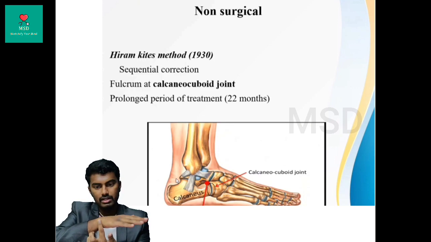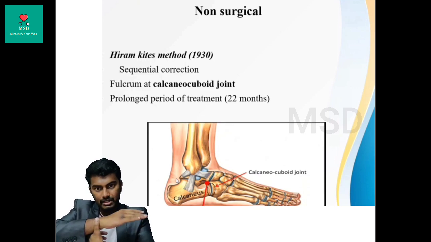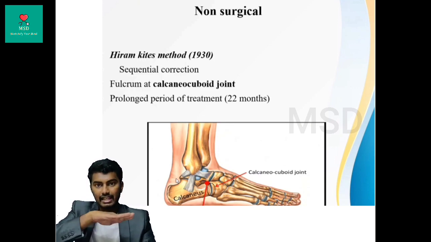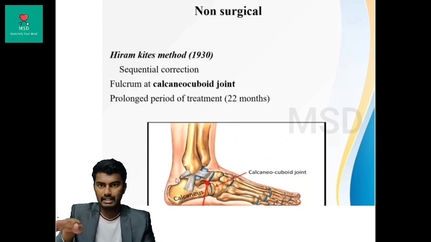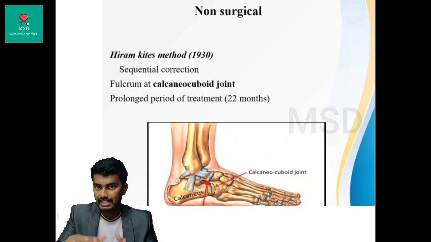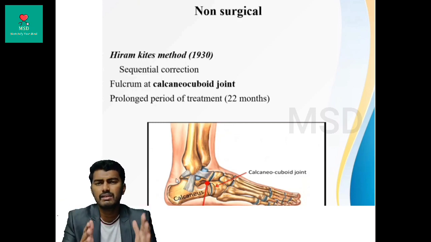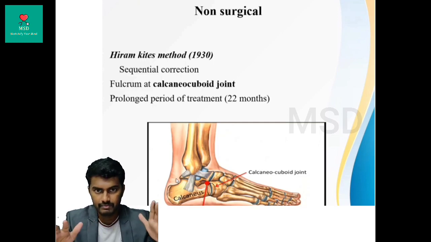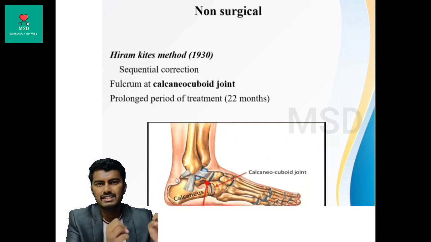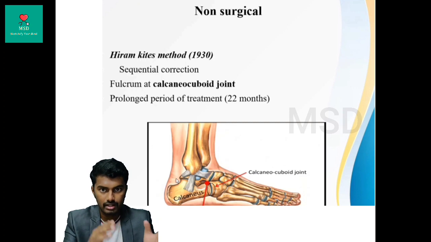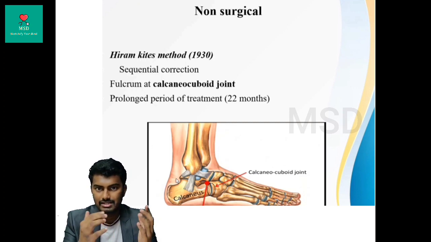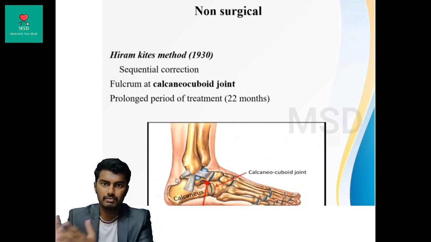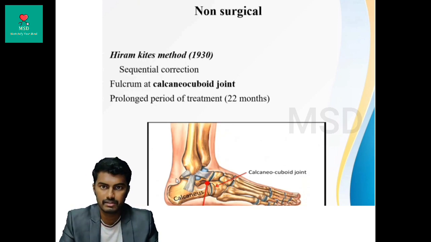What happened was, since he kept his finger at the calcaneum, it was never completely abducted. Only when the abduction deformity is completed can the equinus be corrected. So Hiram Kite took almost 22 months for a baby to correct each and every deformity. And also his excellent results were not actually reproduced. His results were not even achieved by other professors who did the same treatment. So that led to a failed method.